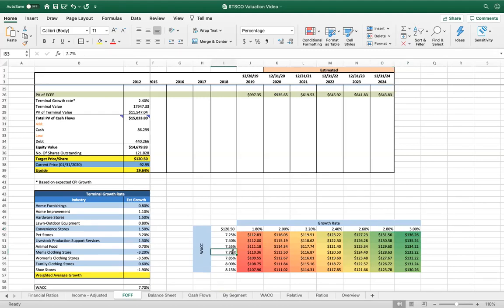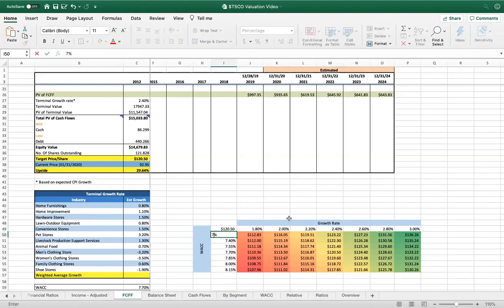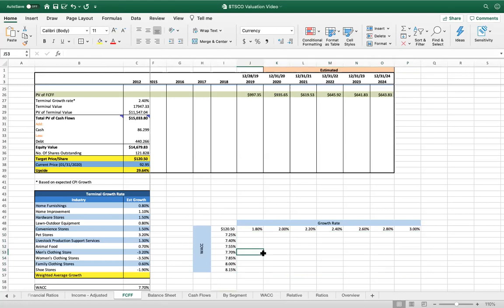Here you manually input the WACC numbers. After that I'll clear all of these numbers and put this here at the intersection, equal to the value we want to get, which is the target price.